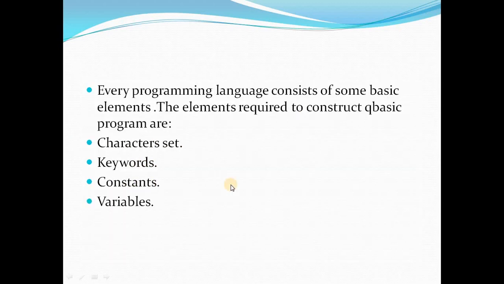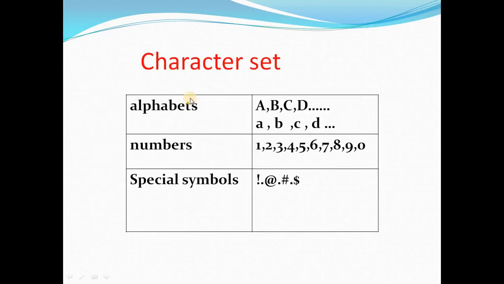Every programming language consists of some basic elements. In order to write a program, we should use some elements. What are those elements? A simple program should contain a character set, keywords, constants and variables. So what is a character set?